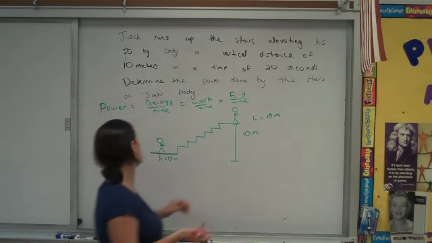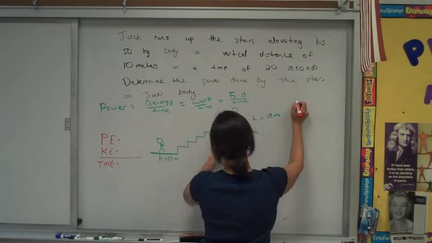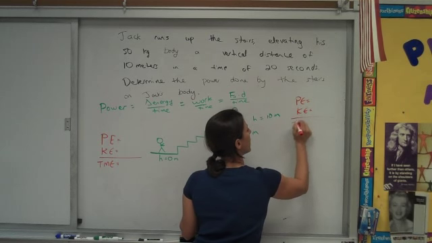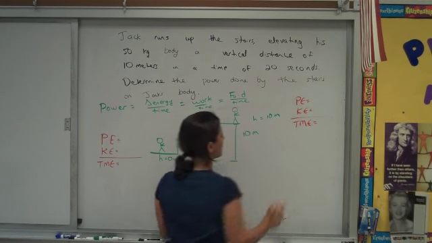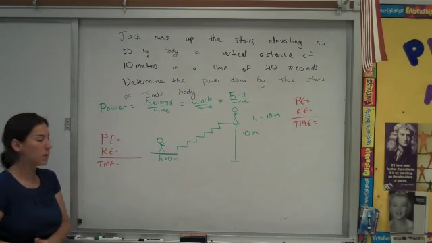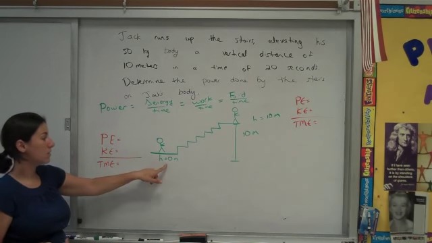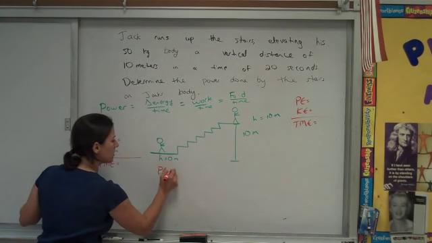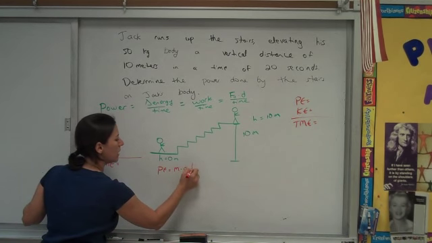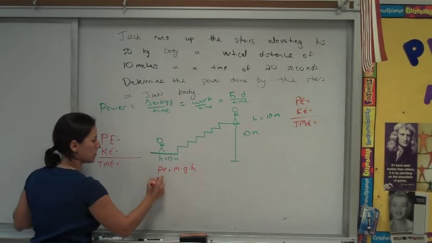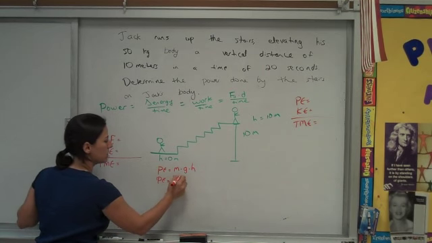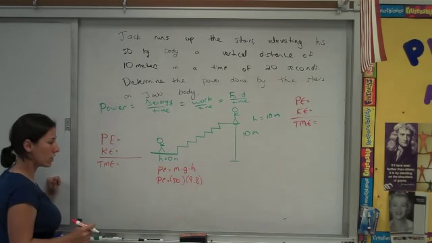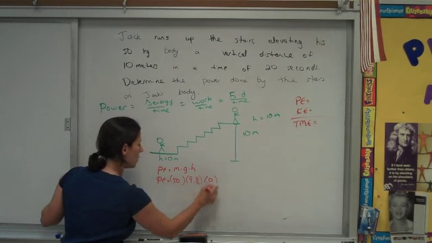And at the end, you might have those things as well. So here he is at the end. You might have potential, you might have kinetic, and you might have total energy. And so let's just fill in as much as we can. At the beginning, we defined this to be no height, and potential energy is mgh: mass, 50 kilograms, times the acceleration of gravity, 9.8 meters per second squared on Earth, times height, which we defined as 0.